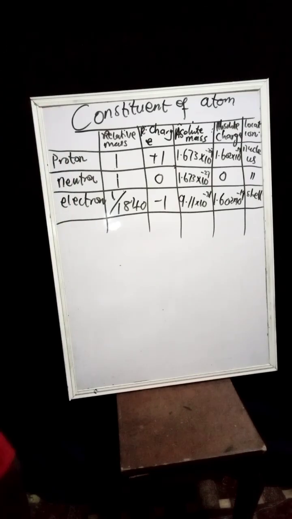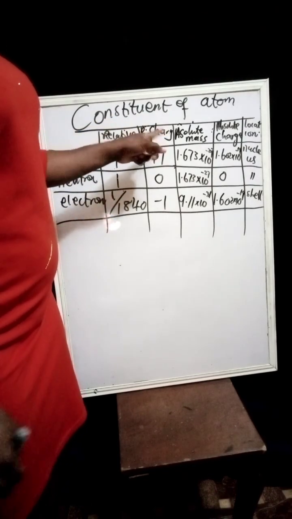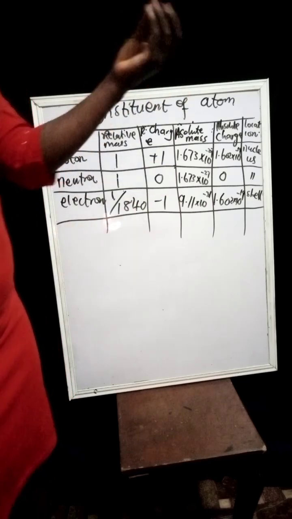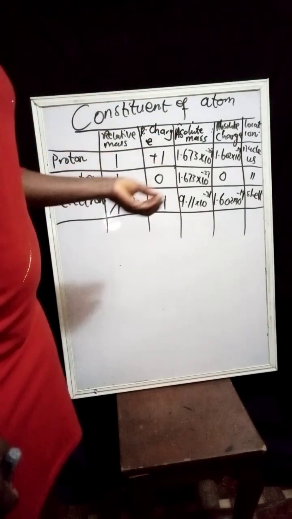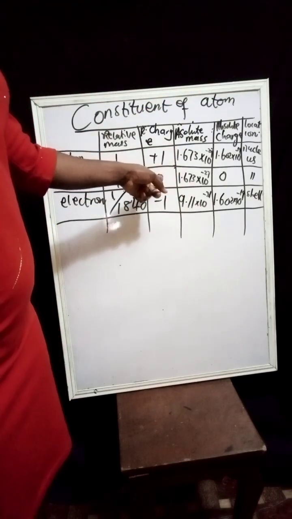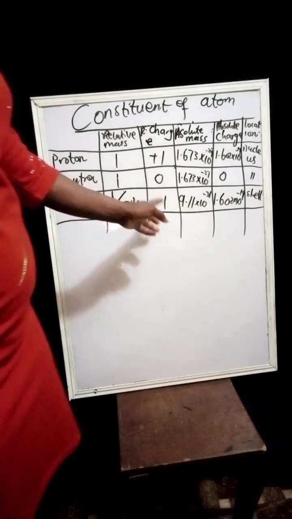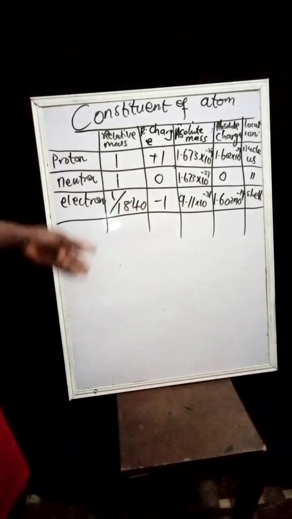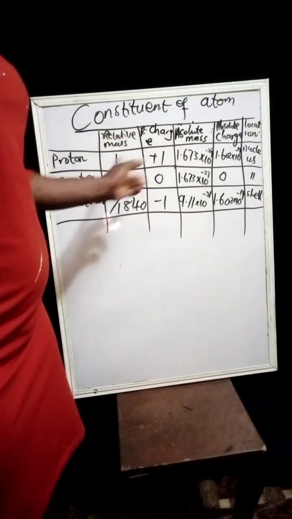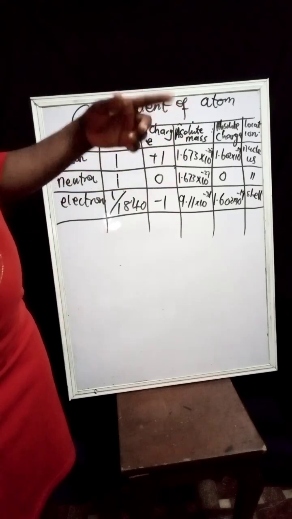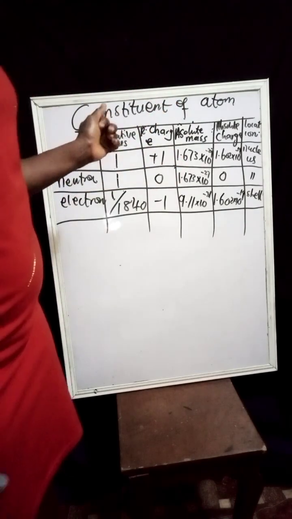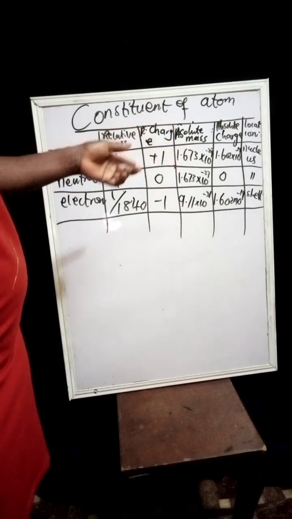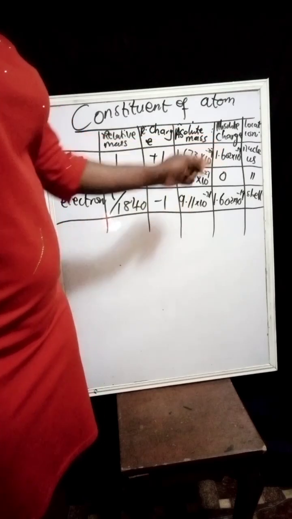Very negligible. Then the relative charge of the proton is positive 1. The neutron has no charge at all. That's why it's 0. While the electron has negative 1. But the absolute mass of the proton is 1.673 multiplied by 10 to power negative 27.